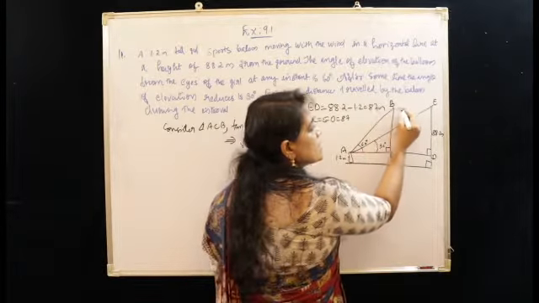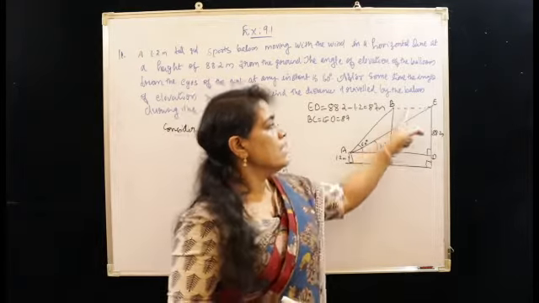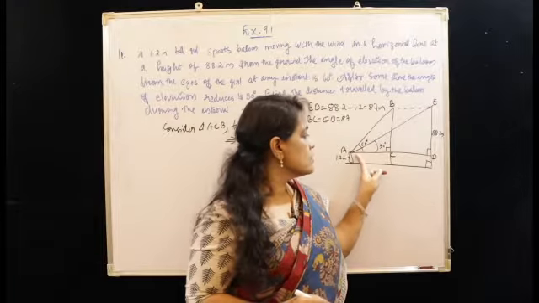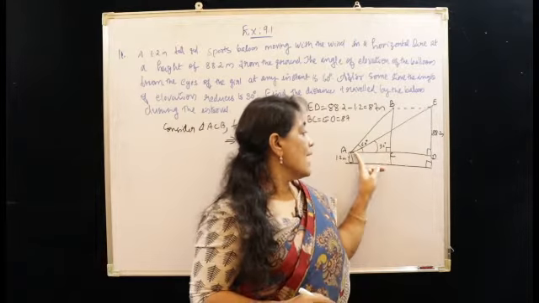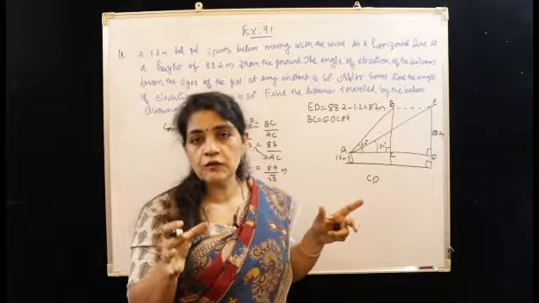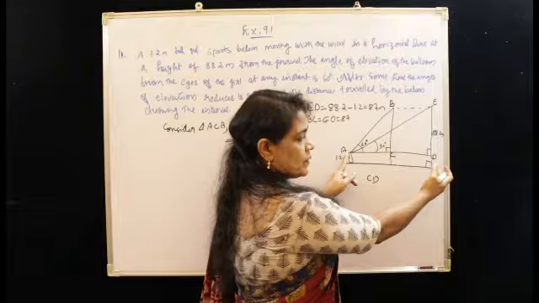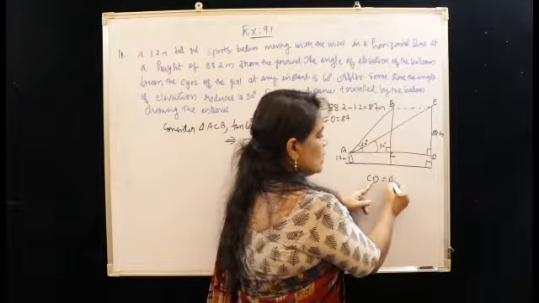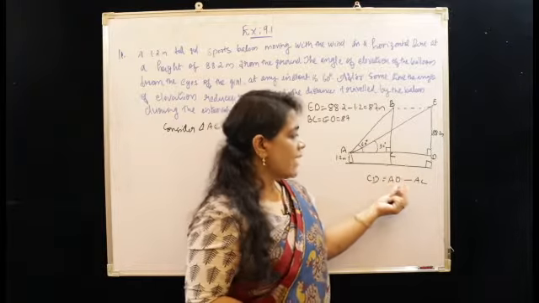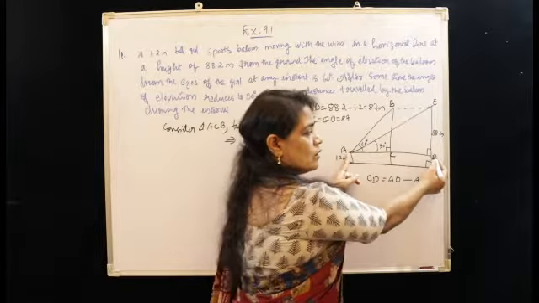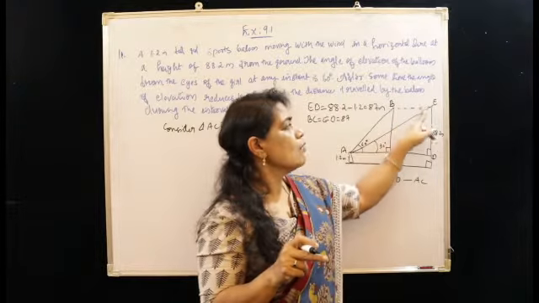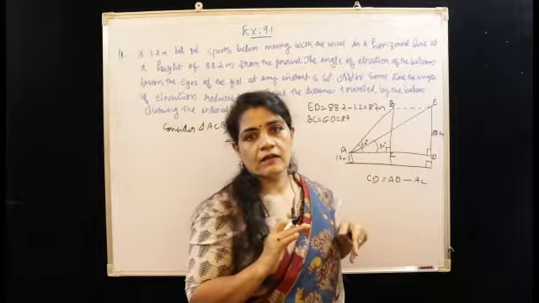If you join these points, BE is parallel to CD. So in terms of CD, from the big right triangle, AD, if you subtract this portion AC from AD, the total length, you will get CD, and that CD is the distance travelled by the balloon during this interval.